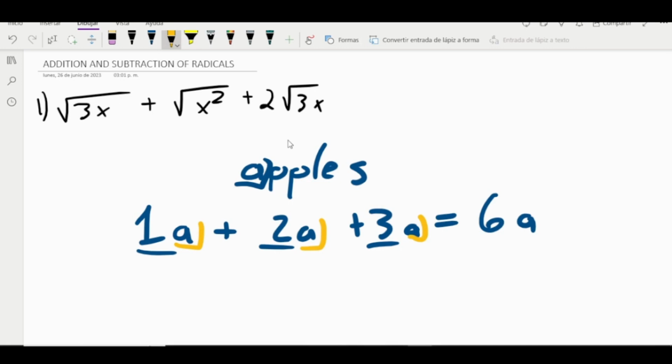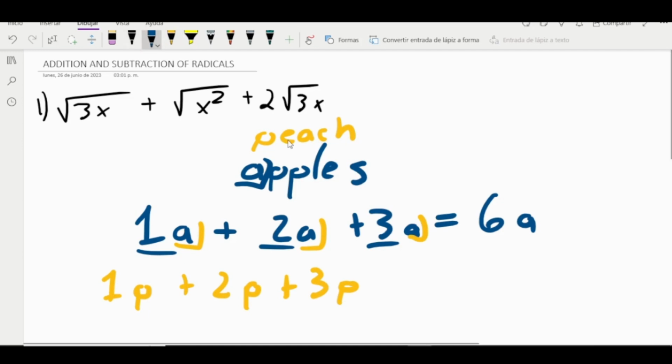Now let's say I want to make the addition with peaches. I have 1 peach plus 2 peaches plus 3 peaches, and additionally I have 6 apples.